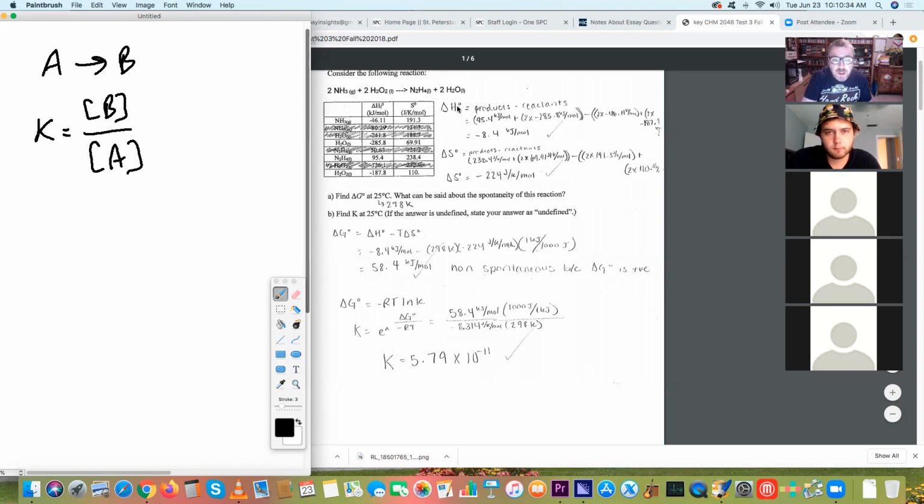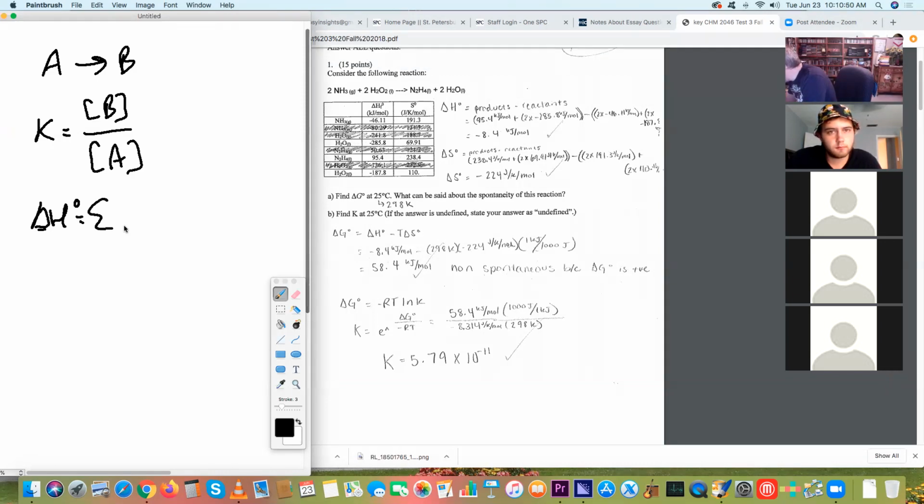If we're looking for the heat of reaction, what we're calling delta H, it's going to be the sum of the heats of formations of the products minus the sum of the heats of formations of the reactants. So the actual equation here for delta H is this sigma delta HF naught products minus the sum of the heats of formation of the reactants.